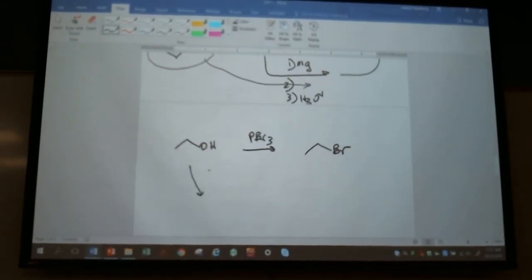I could add acid, eliminate, and then add HBr. But why? If I can add PBr3, I did it. PBr3 works for primary and secondary alcohols. If you've got a tertiary, you really need to go with HBr because this is an SN2 process, and SN2 doesn't work on tertiary.